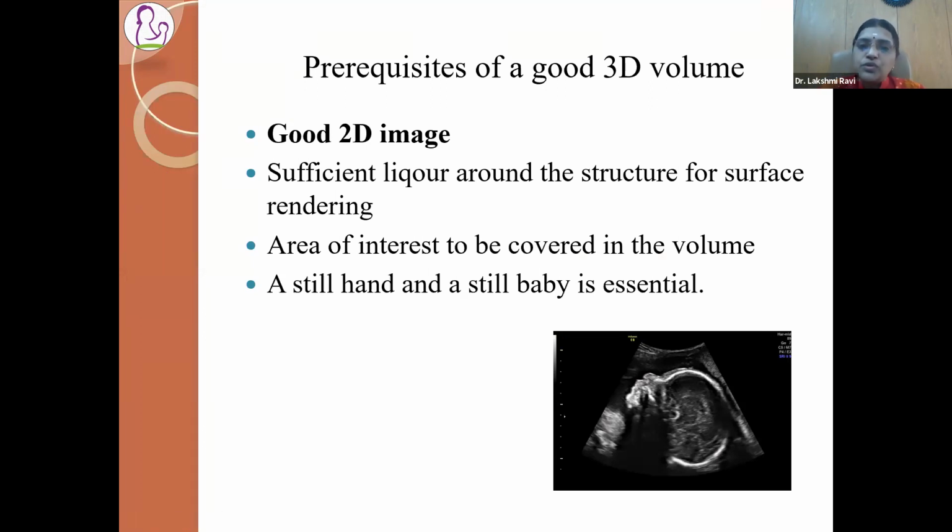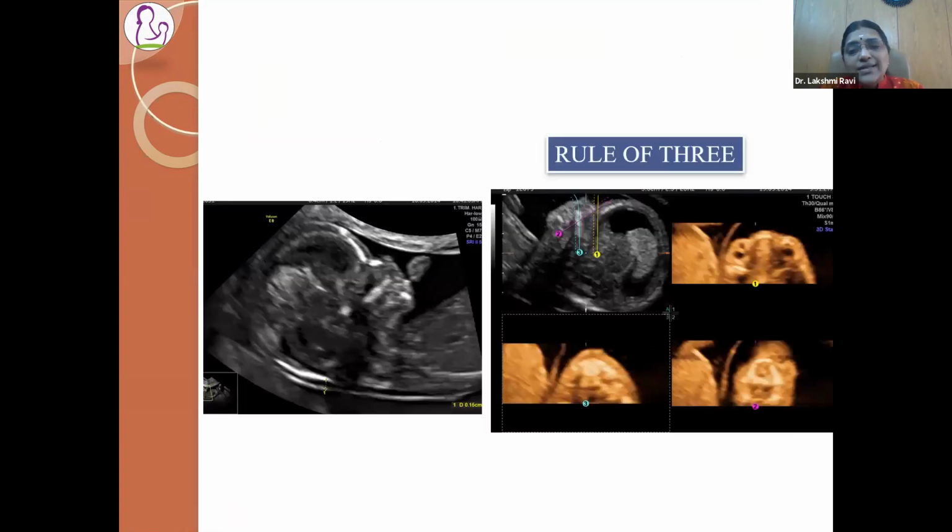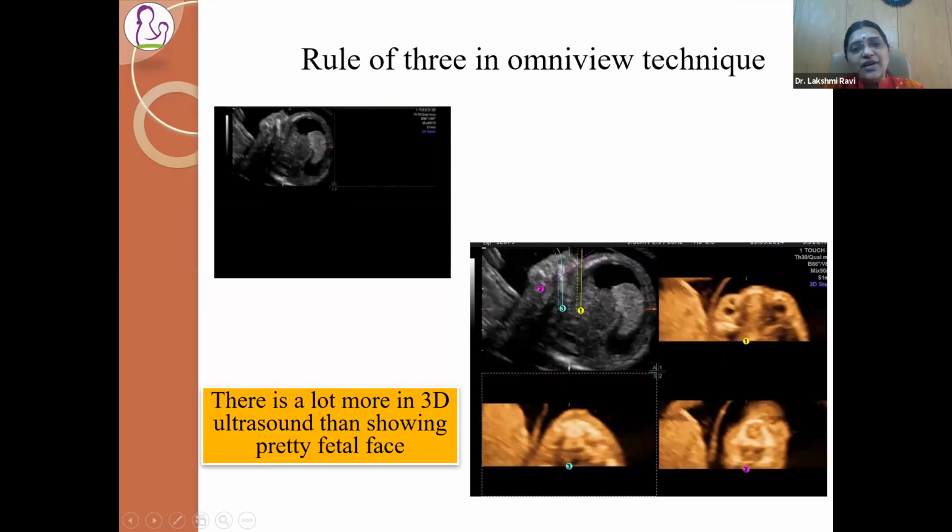If the baby moves during volume acquisition, quickly abort it and redo it, because if you have movements, there will be a lot of movement artifacts and you will not be able to produce good quality images. So very simple, as I told you, from one single sagittal volume, you can evaluate all three planes, and this is all needed to evaluate the fetal face.